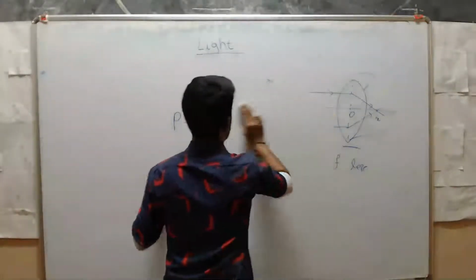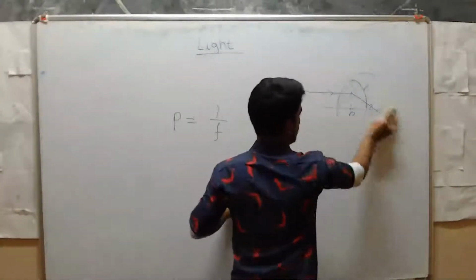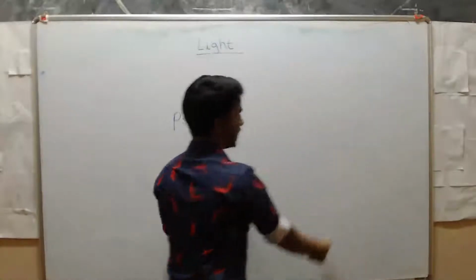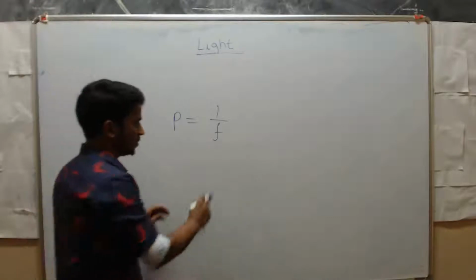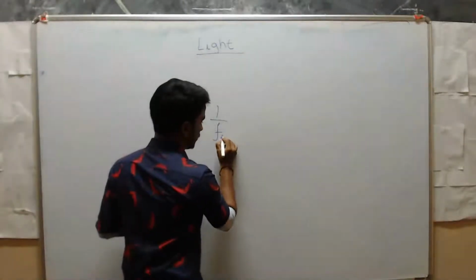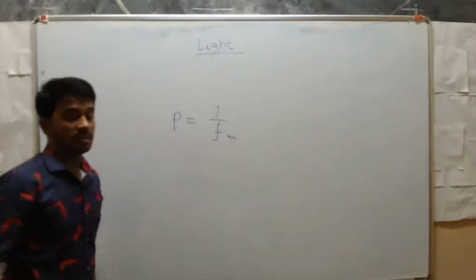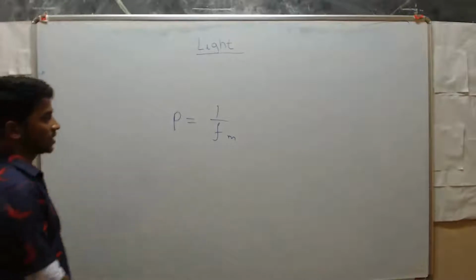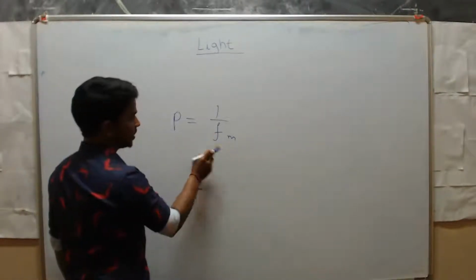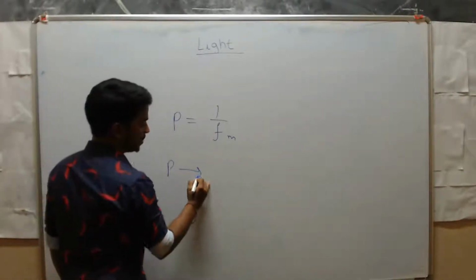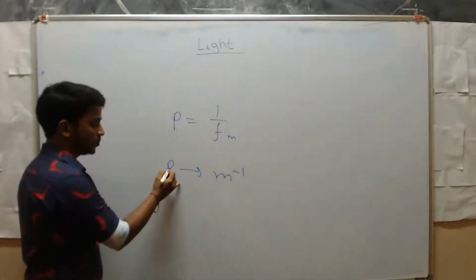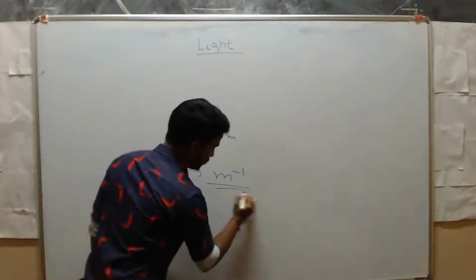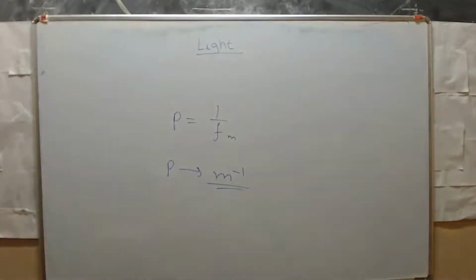We measure focal length in meters, so that's why this is m. Then the SI unit of power is 1 by m, that is m to the power minus 1.